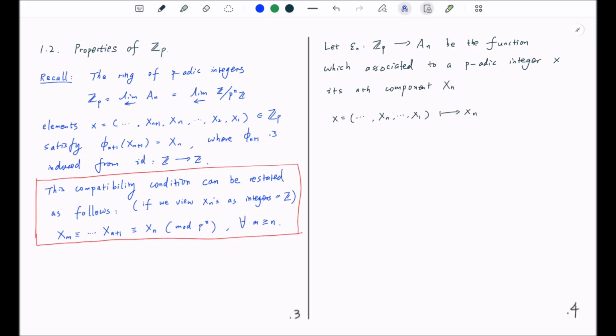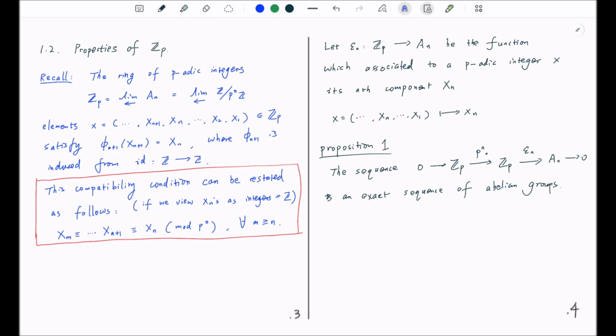The first proposition is about the exact sequence associated to the ring of p-adic integers. We have that the following sequence is an exact sequence of abelian groups. Here, the map epsilon sub n is the projection onto the nth component we just defined.